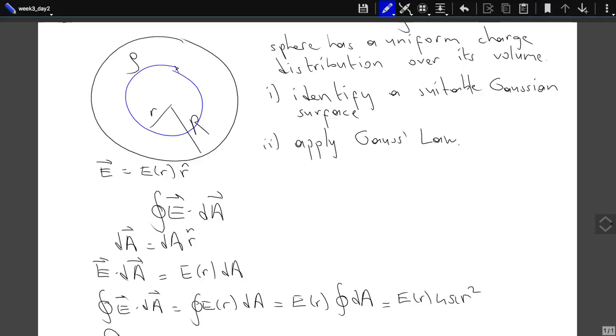Okay, I will equate this expression to something else that I know. I have to write the total charge enclosed by using the quantities that I already know so that I will be able to calculate this E of R. So we have the Gauss law, which tells us that the integral of E dot dA over a closed surface is Q enclosed divided by epsilon 0. And what we are trying to do is to obtain the electric field. We already know its direction.